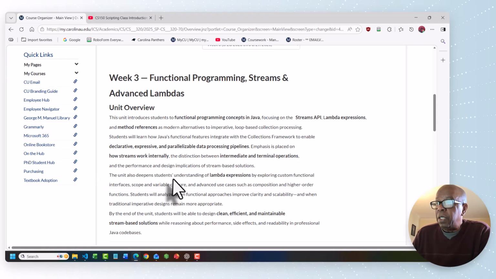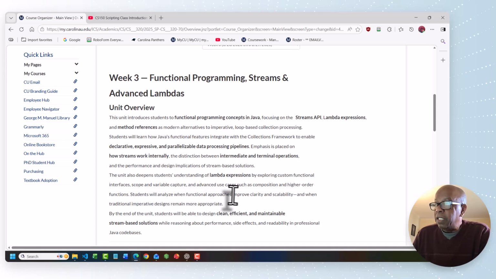The unit also deepens student understanding of lambda expressions. We kind of mentioned that before. This gives more detail on what we are talking about when we start using lambda expressions. We're doing that by exploring custom functional interfaces, scope, variable capture, and advanced use cases such as composition and higher-order functions.